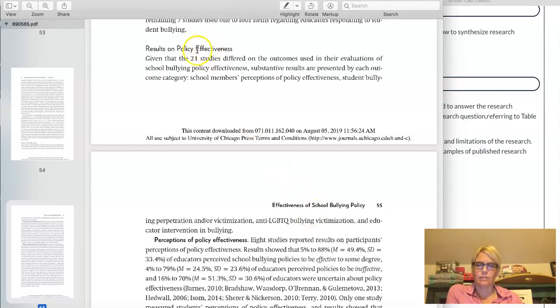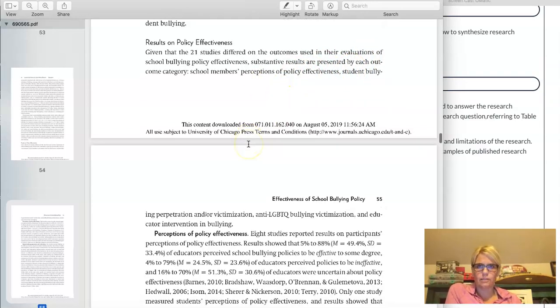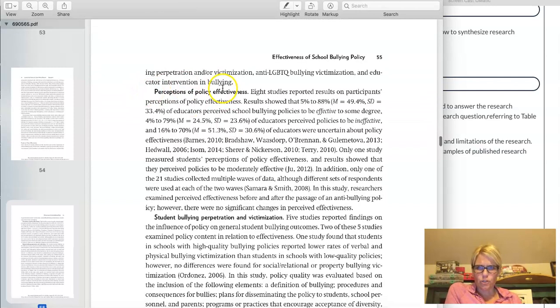This is the findings. So here, results on policy effectiveness. Given that the 21 studies differed on outcomes using their evaluations, results are presented by each outcome category. So that's how they divided it up. This first one, perceptions of policy effectiveness. Here, 8 studies reported results on perceptions of policy effectiveness.